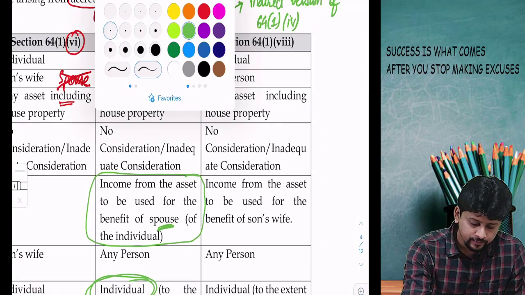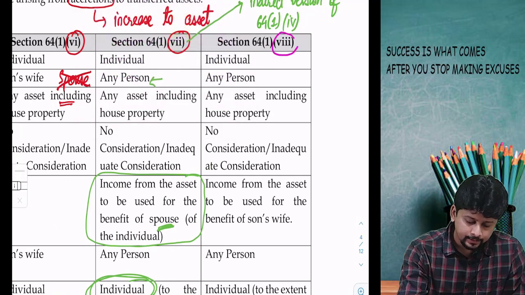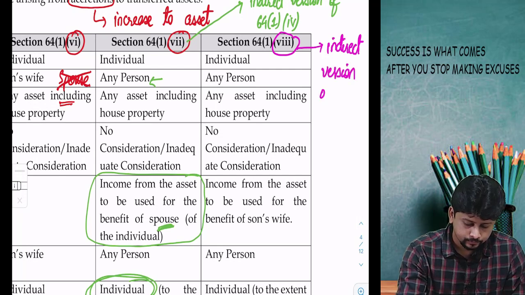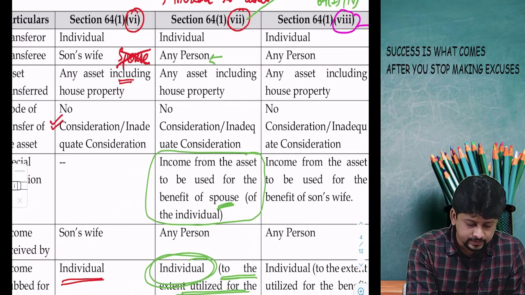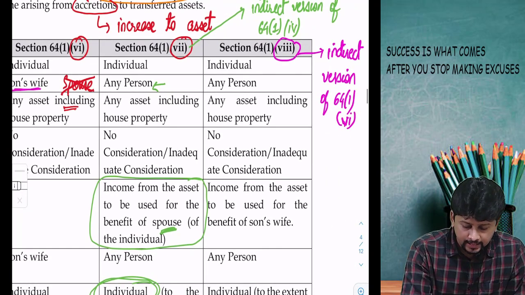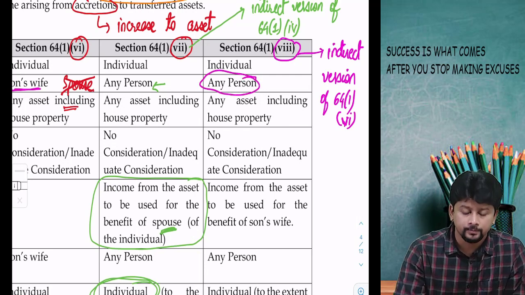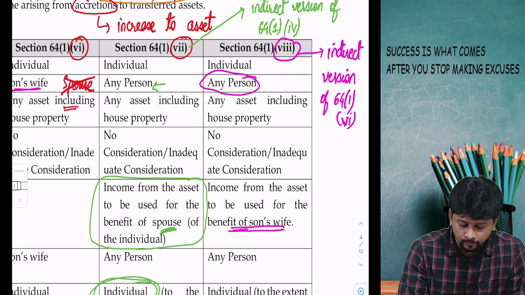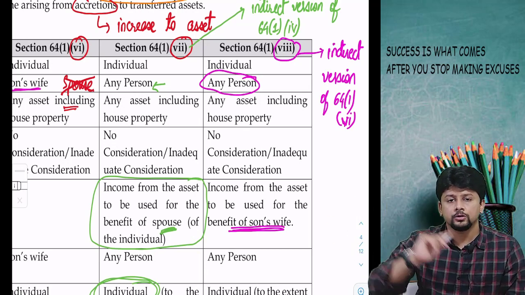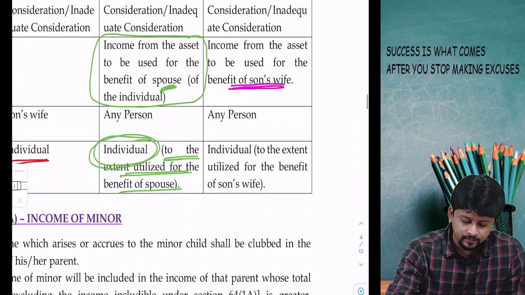And 64(1)(viii) is the indirect version of 64(1)(vi). In 64(1)(vi), we gave the asset to son's wife. In 64(1)(viii), we are giving the asset to any person, but we are saying use the income for the benefit of son's wife. So indirectly, the benefit is being passed on to the son's wife, and therefore clubbing will apply.